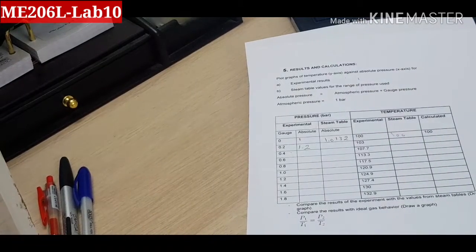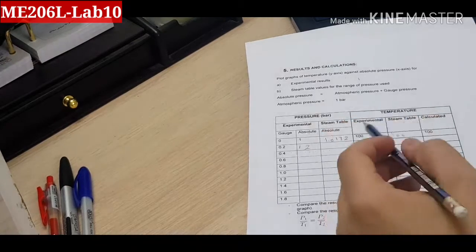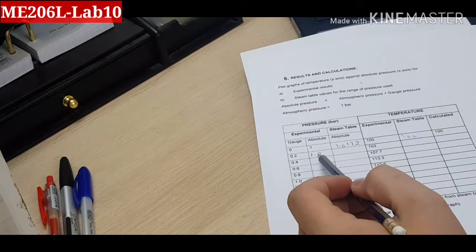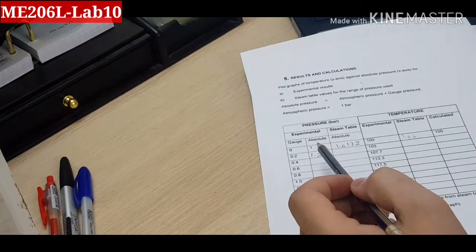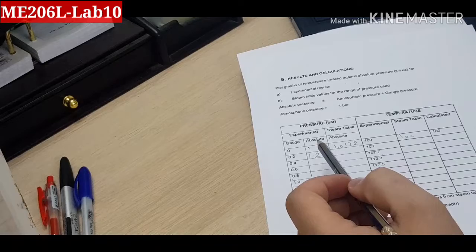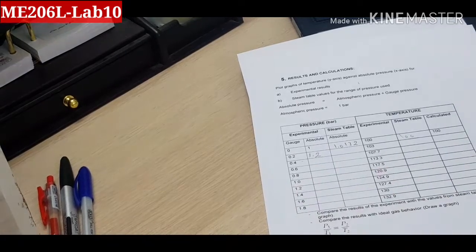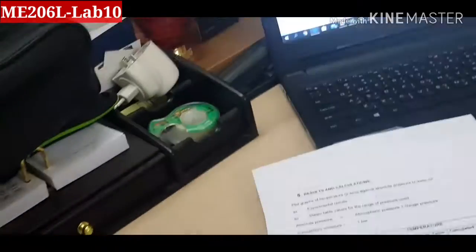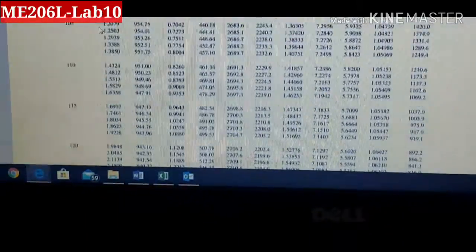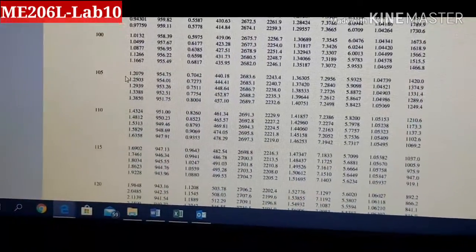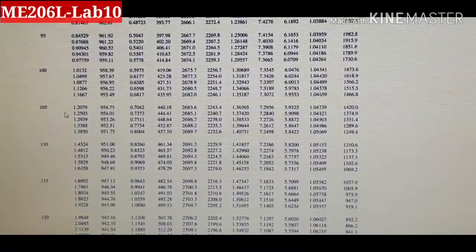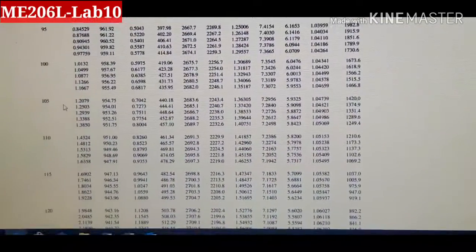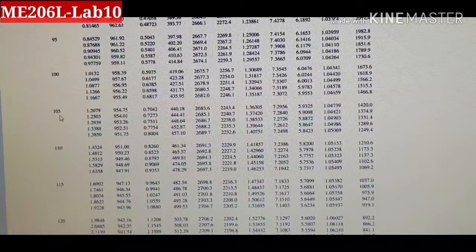So what we will do again is, at 1.2 bar, I will go back to the table again till I find 1.2. I will take the camera to the table to show you. So here is 1.2. The closest number is for 105.